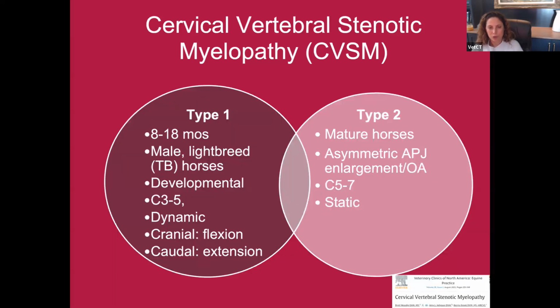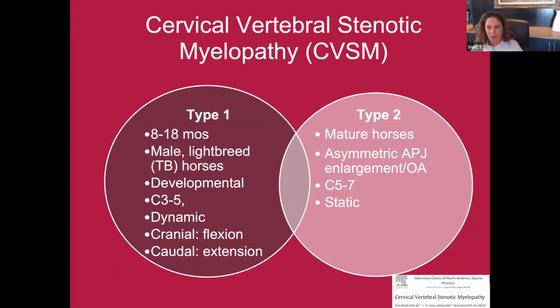So there are two major types of CVSM. Type 1 is our younger horses. These horses are probably born with this problem. Light breed, often thoroughbred type horses. They tend to be affected in their cranial to mid cervical spine, so C3 to C5.